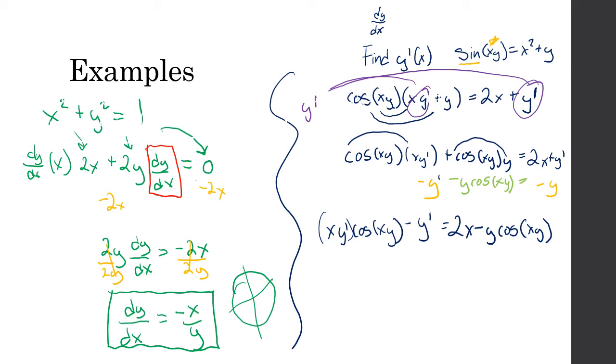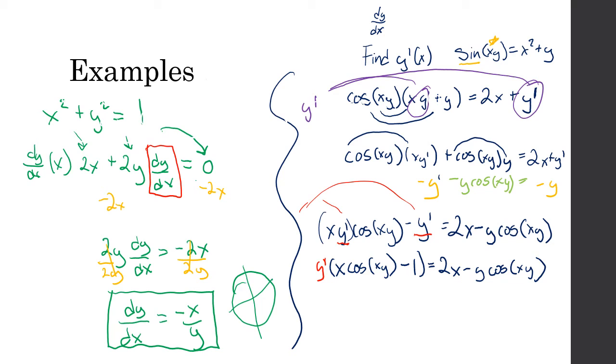Let's see what we can pull out. We've got y prime here and y prime here, so let's factor that out of each and see what we get. We get y prime times x cosine of xy minus 1 equals 2x minus y cosine xy.